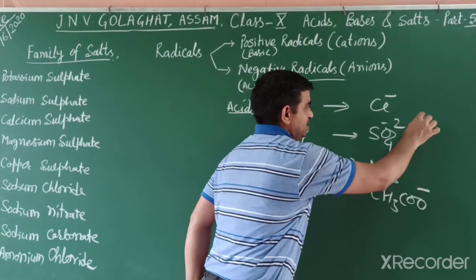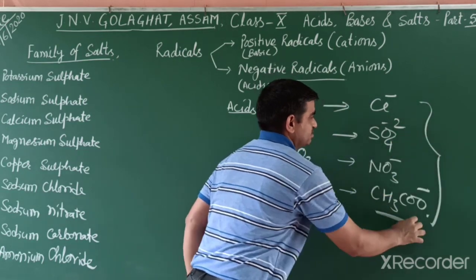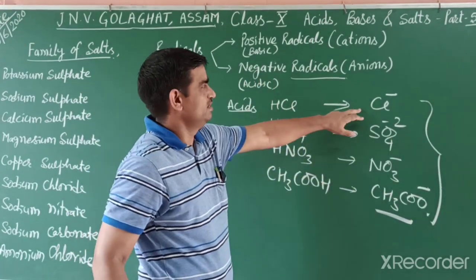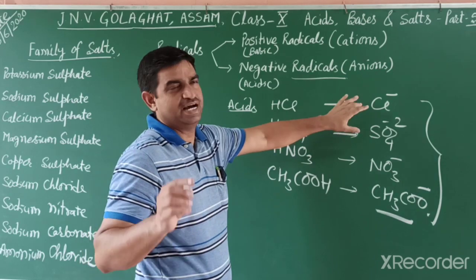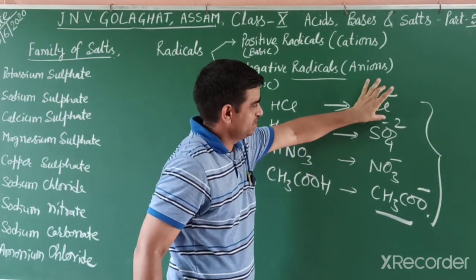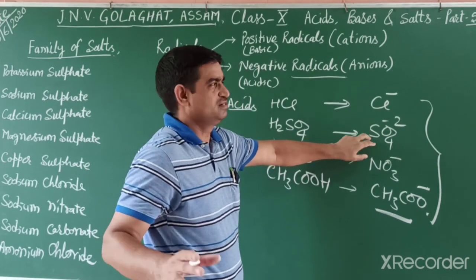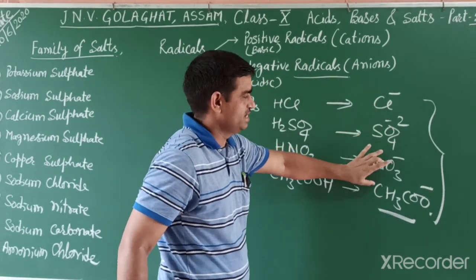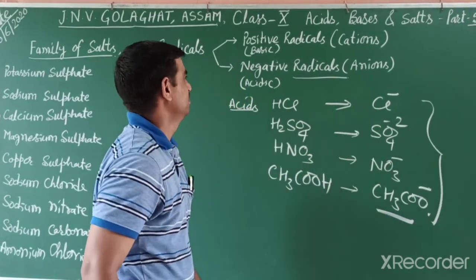So these are acidic radicals. Chlorine is an atom, so chloride is an acidic radical. Sulfate, nitrate, acetate are also acidic radicals.